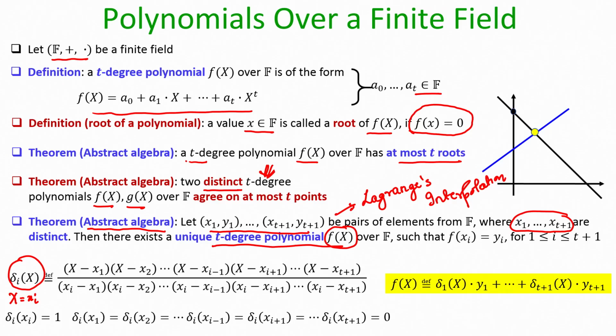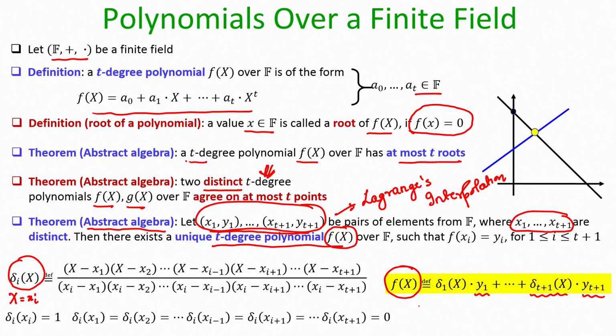Okay. So, now the unknown f of x polynomial, which I can recover from these t plus 1 distinct x y pairs, is the following. It is the sum of these t plus 1 delta polynomials multiplied with the corresponding y values. So, the first delta polynomial multiplied with y 1, second delta polynomial multiplied with y 2, and the t plus 1th delta polynomial multiplied with the t plus 1th y value.